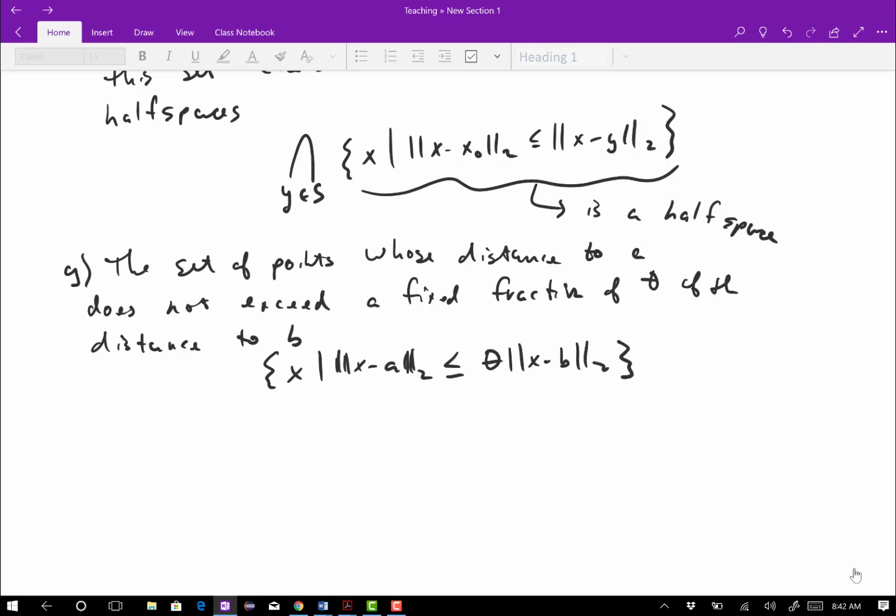All the x's that satisfy this are in the set, and they also say assume that a is not equal to b and that theta is between 0 and 1.